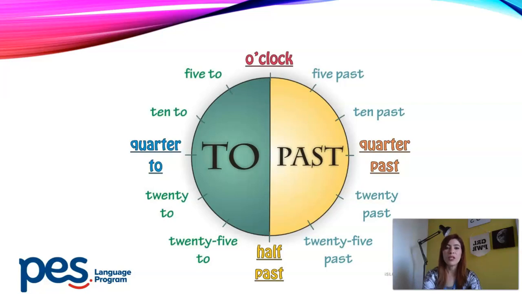Now, the big pointer will move to here, to this position over here. Then we can say 5 past 12, okay? Now, if it walks a little bit more and it stops here, we say quarter past 12 or quarter after 12. Okay?